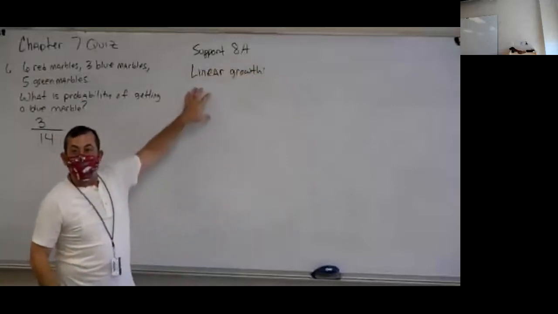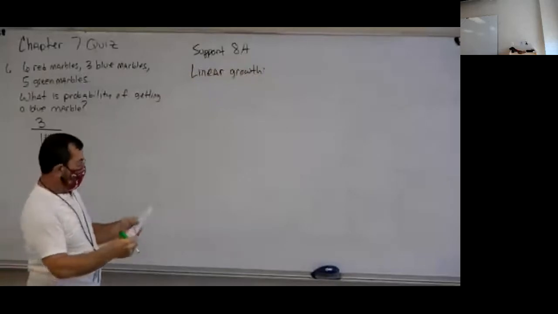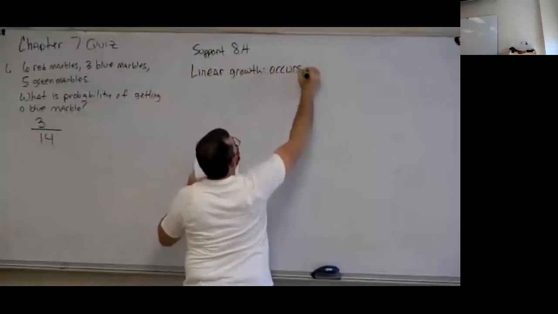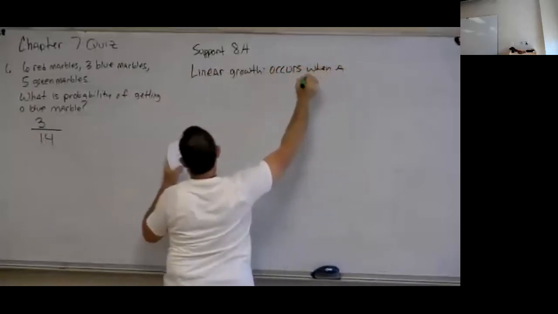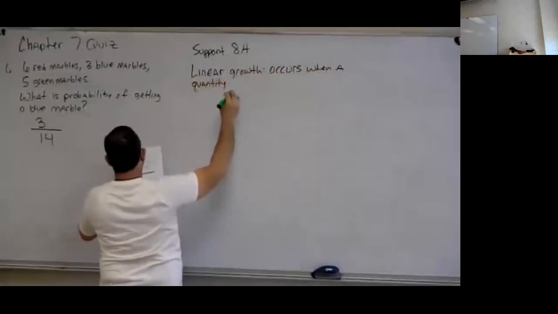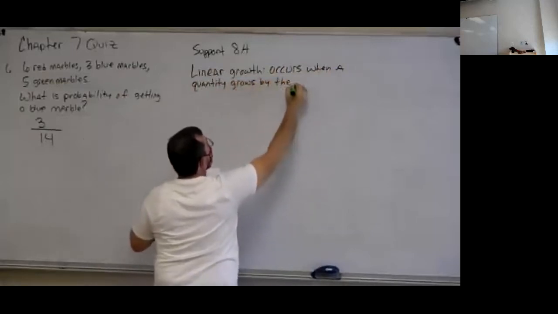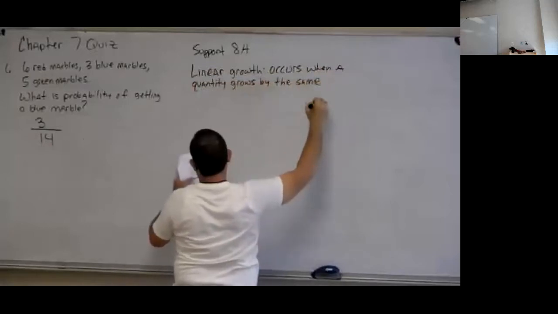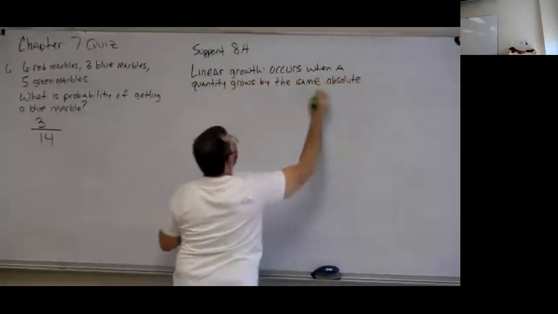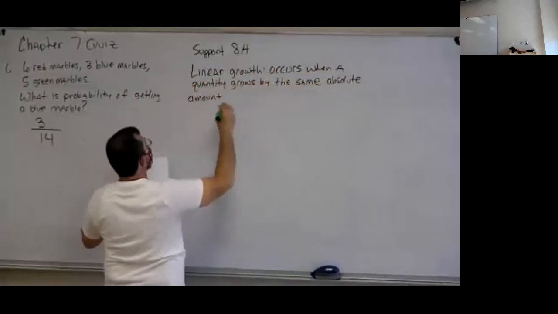And if you use a graph, linear growth would look just like a line. That's what linear means on this, okay? Linear growth occurs when a quantity grows by the same absolute amount in each unit of time.